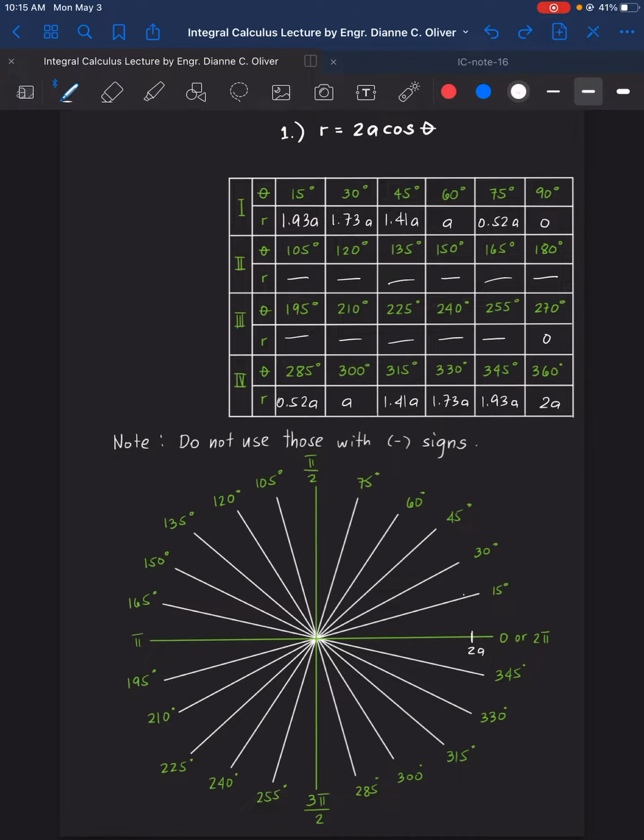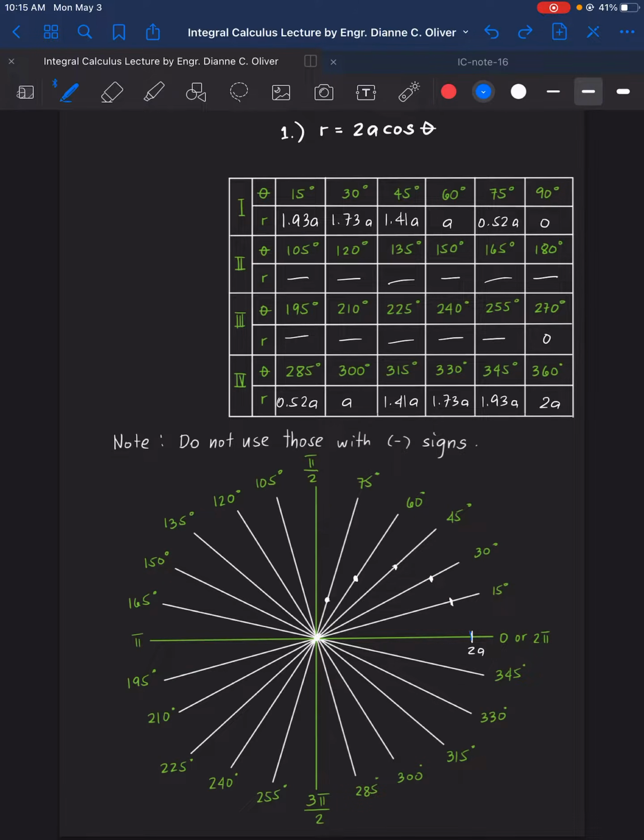So instead of putting your string at 2a, you will put it at this point, 1.93. For 30 degrees, it becomes smaller, 1.73. For 45 degrees, goes here, 1.41. For 60 degrees, it goes half of 2a. For 75 degrees, it's 0.52, almost half. And then for 90 degrees, it becomes 0. So that's for the curve.